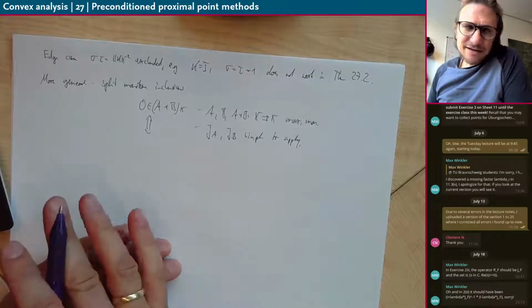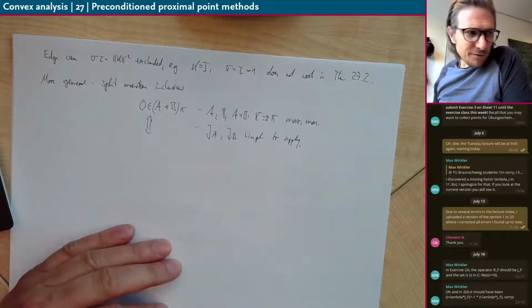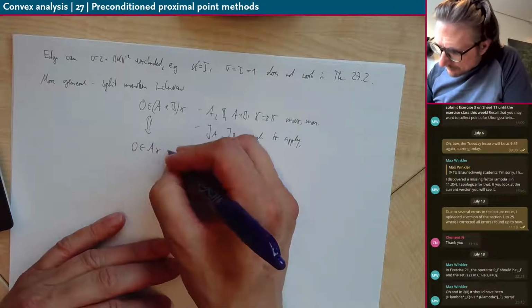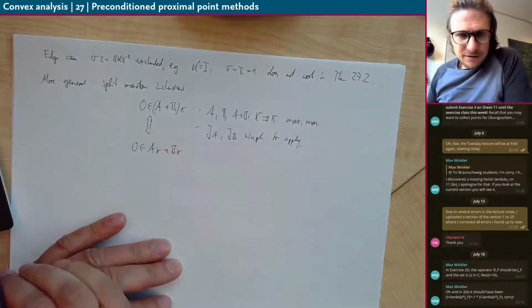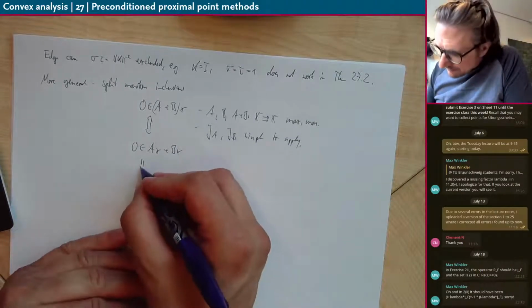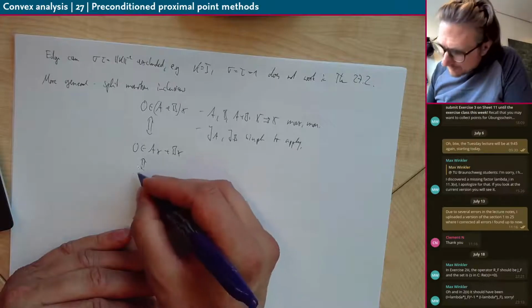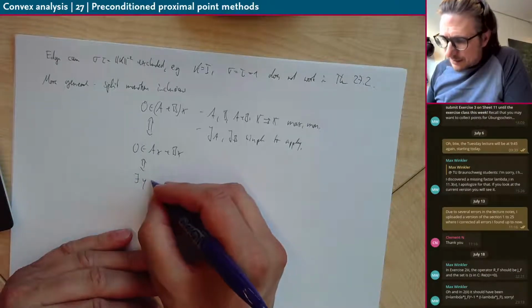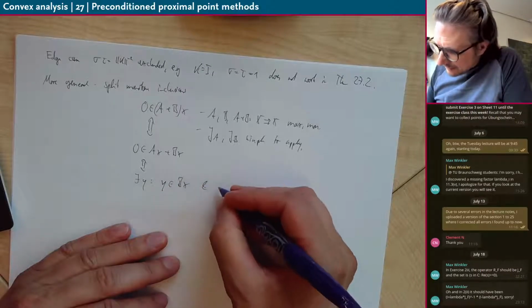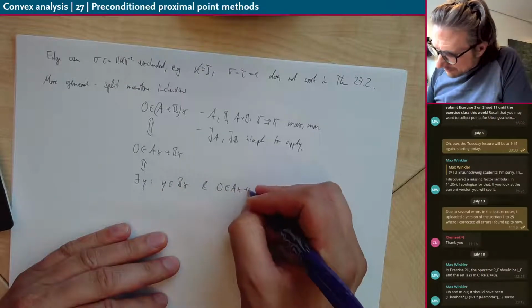Okay, now let's see how we can tackle this. We do something which is actually very similar to what we've done with Chambolle-Pock. So first, of course, we observe that 0 is in Ax plus Bx. This is the case if there exists a y such that y is in Bx and 0 is in Ax plus y.